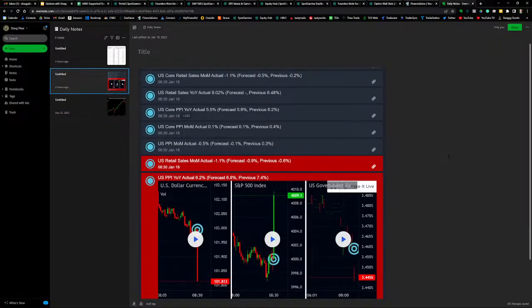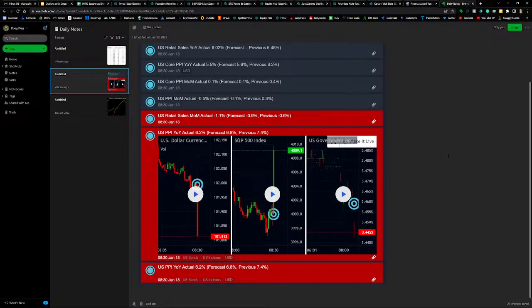And today there were two important drops for economic data, and the first was PPI, and that came out a little bit lower than expected and lower than the previous number. So you would assume that that was a positive for the market, a good thing.